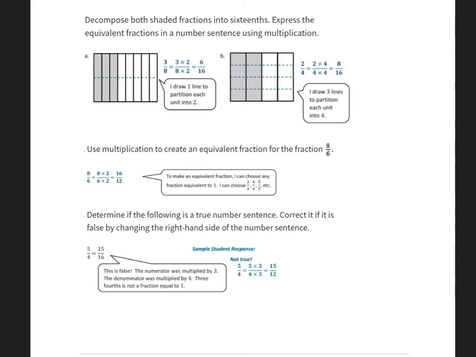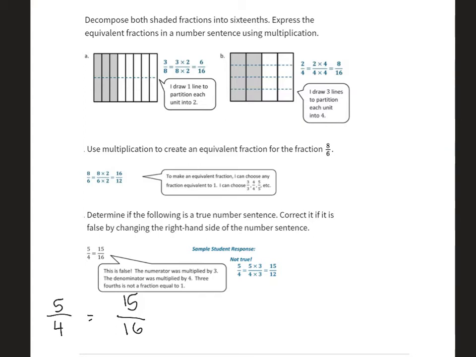You have to decide if a number sentence is true or false. So here they said 5/4 is equal to 15/16. And their little note right here says this is false. The numerator was multiplied by 3. The denominator was multiplied by 4, right? Remember, whatever you do to the bottom, you have to do the top. Whatever you do on top, you have to do the bottom.